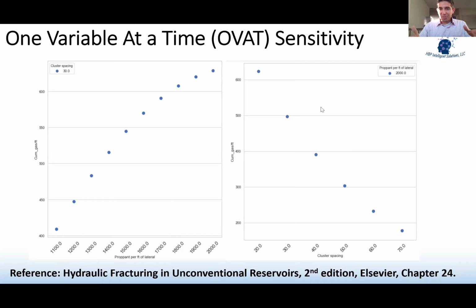But in reality, API should not have been even included in the model. API is just a well identifier. But the higher the API was, those wells were newer wells with newer completion designs, and as a result, those wells had better results. That's what happens when you do not incorporate domain expertise into your analysis.